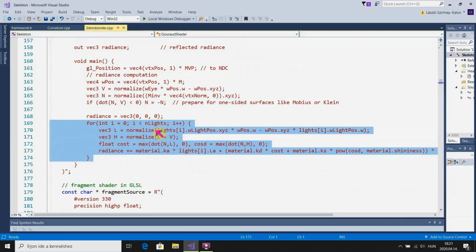For a particular light source, we compute the illumination direction. Recall that we use the same trick as before, because light source positions can also be at ideal points that are infinitely far, because we handle directional light sources and positional light sources uniformly.